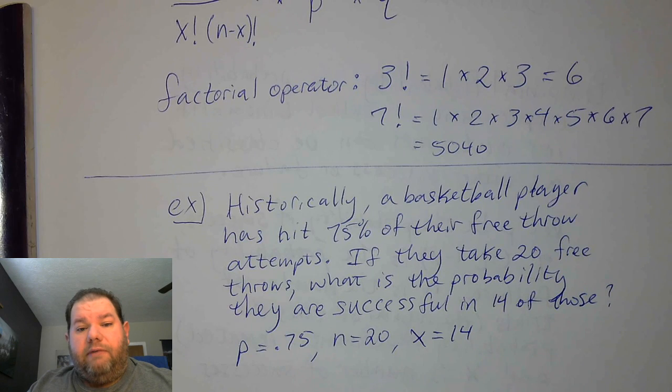If p is 0.75, the probability of success, what is the probability of failure?